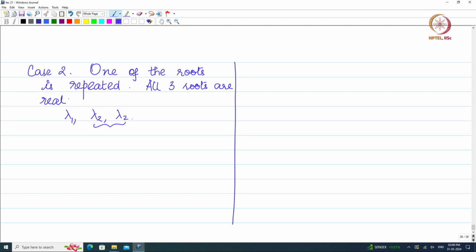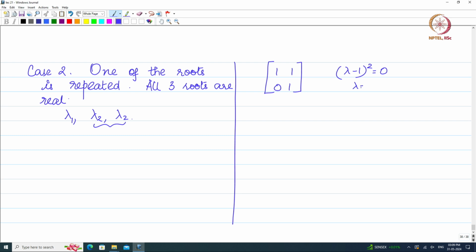We had a problem with this repeated root when we looked at eigenvalues and eigenvectors in 2 dimensions. If you recall, we looked at the matrix 1 1 0 1 and we said that lambda minus 1 the whole square is the characteristic polynomial, and equal to 0 is basically the characteristic equation.